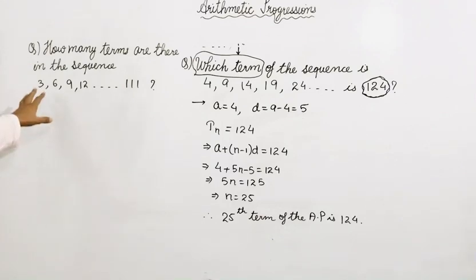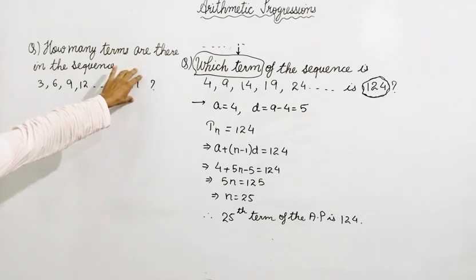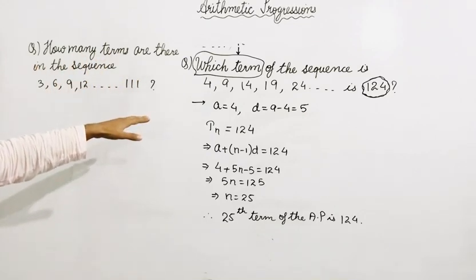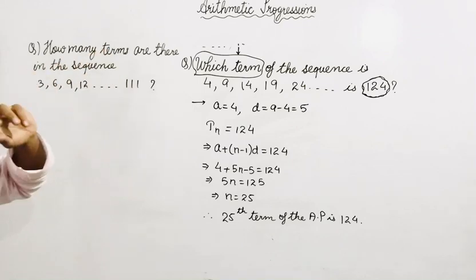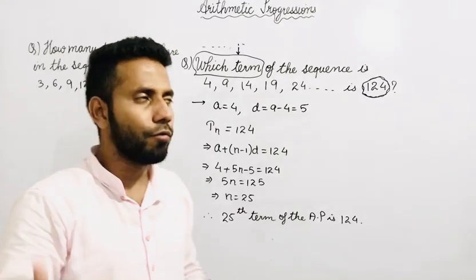So this is an AP which starts with 3, 6, 9, 12, and it ends at 111. So how many terms are there in that AP altogether? This is what you have to find. So how many terms, which term, clearly means that you have to find the value of n.